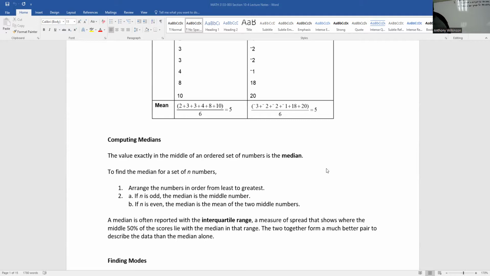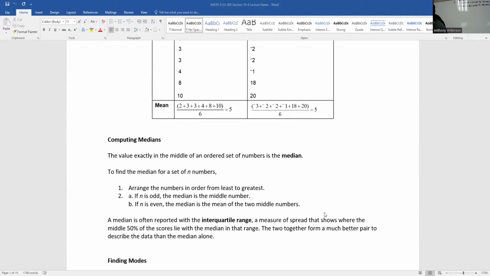Now, if you have an odd number of data values, like let's say you had 5 or 7 or 9 or 11 data values, then the median will automatically be the middle number. Or if you have an even number of data values, like 6 or 10, or let's say 16 data values, then we have to take the mean or the average of the 2 middle numbers.